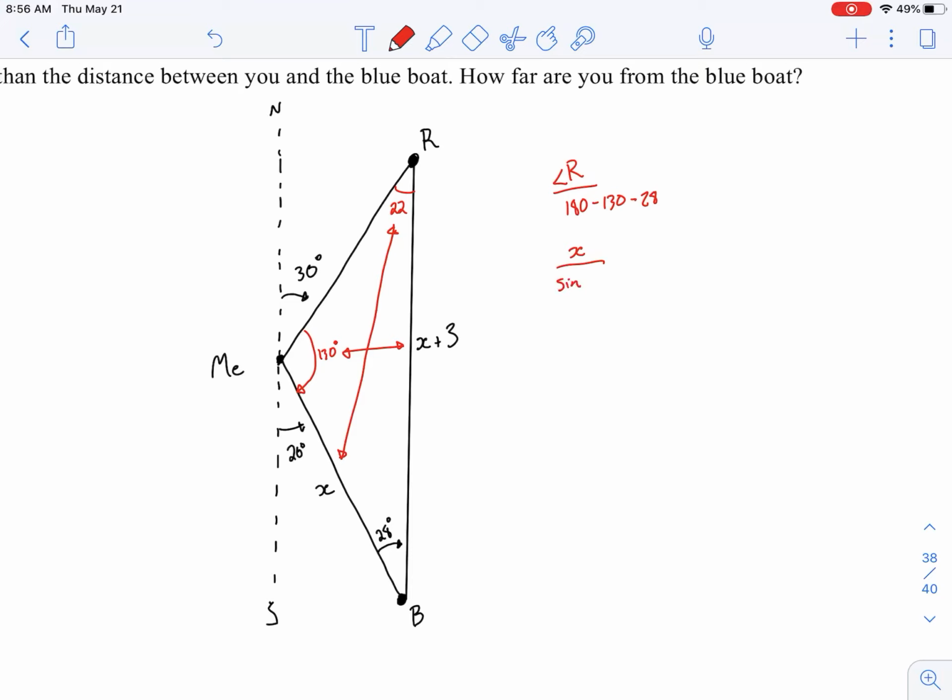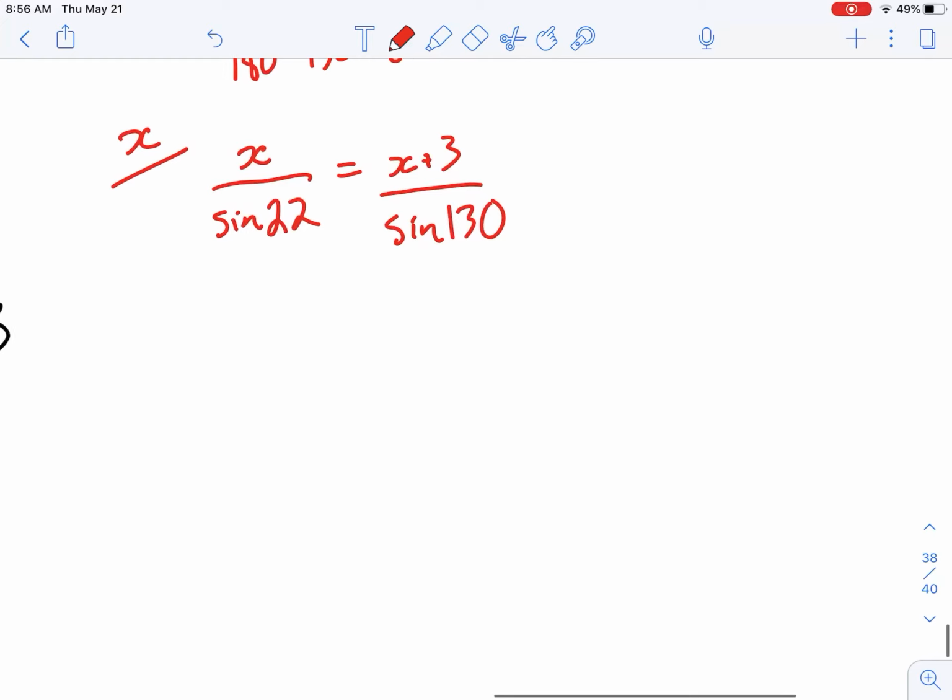X over the sine of the angle opposite to x, or sine R in this case, is equal to, this is solving for x here, our other ratio of x plus 3. It's a funny looking complete ratio, but notice we only have one variable. It's just the x that is unknown, so we can solve for one variable.